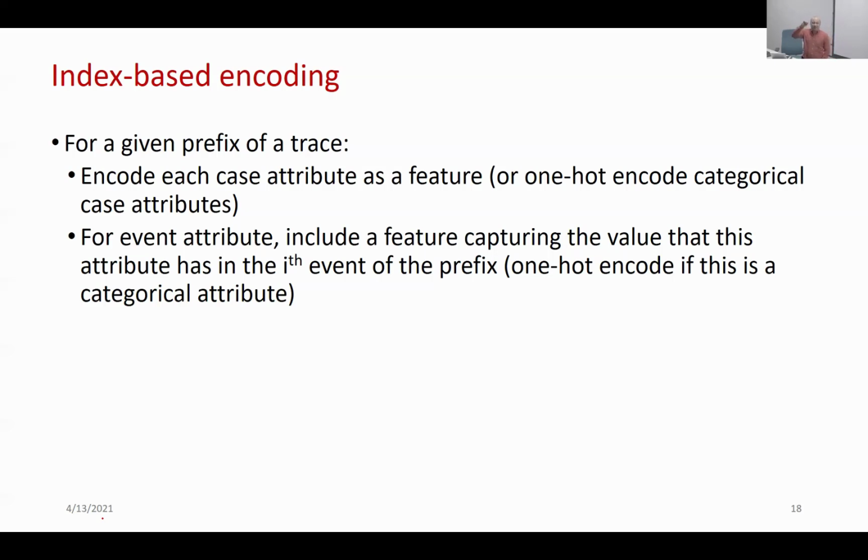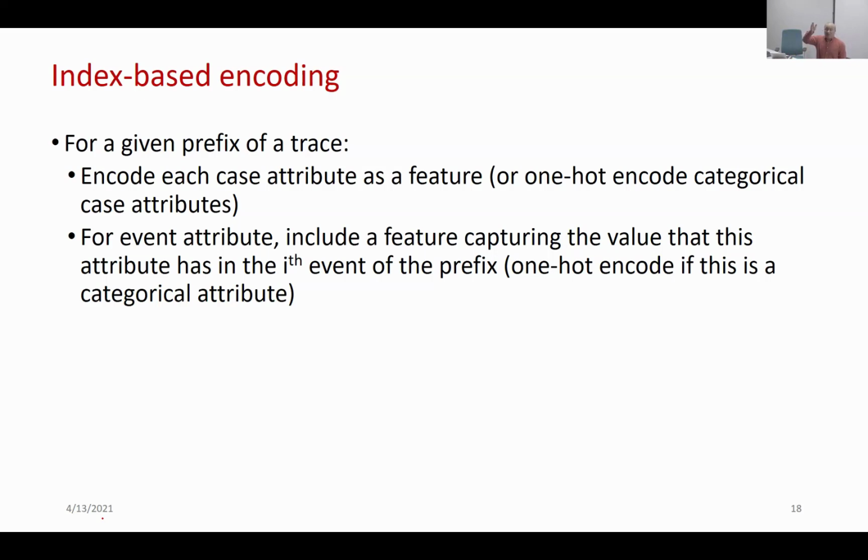And I repeat for the resource: which resource performed the activity at position 1, which resource performed the activity at position 2, which resource did the activity at position 3, at 4, at 5, etc. And then I repeat it for every event attribute.